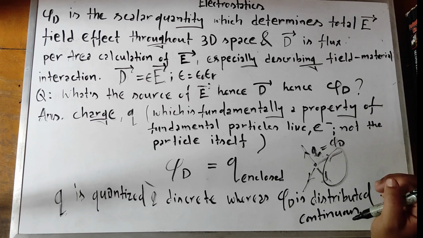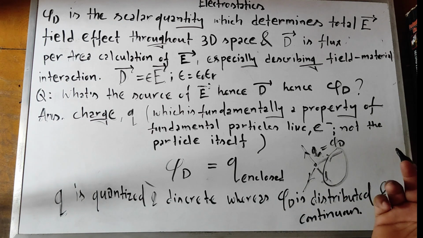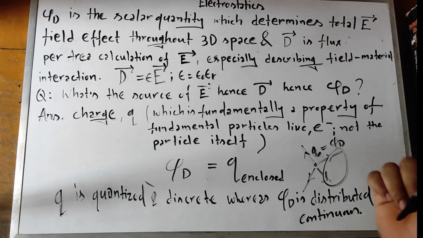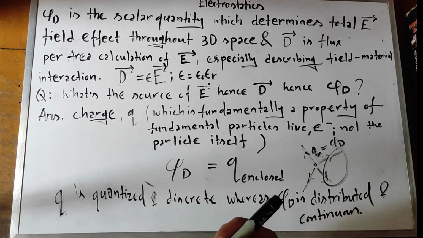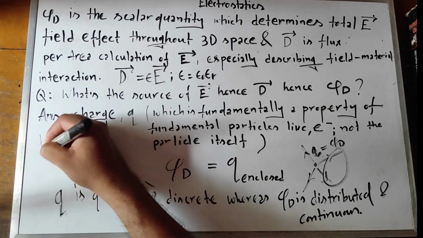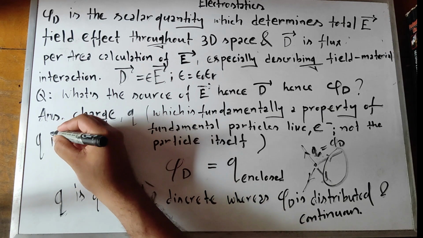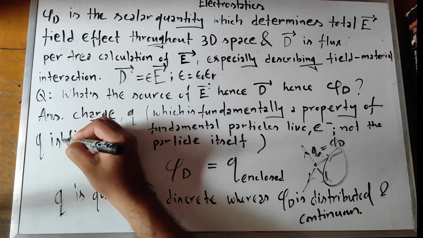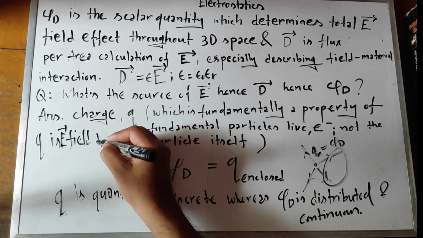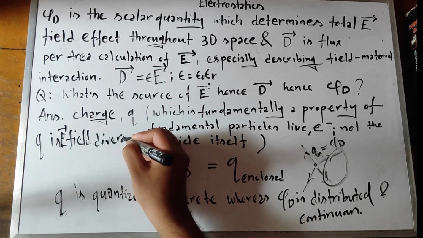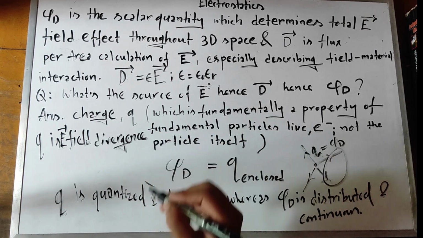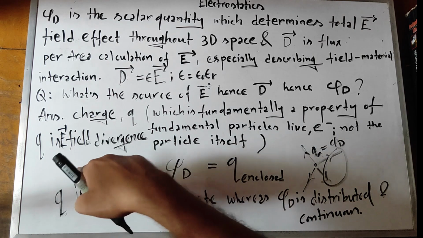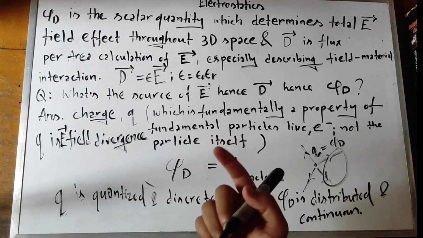In some cases they can be separate, so there's a lot going on here. So charge is the field's divergence. Charge q is the electric field divergence. This is also a very important realization, which is directly Gauss's law.